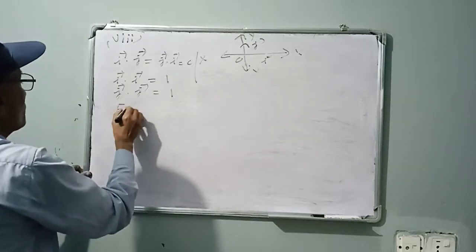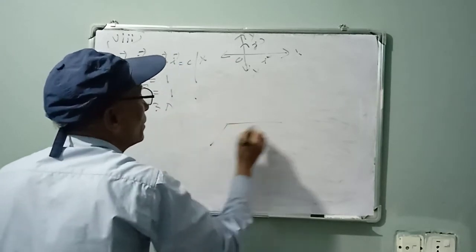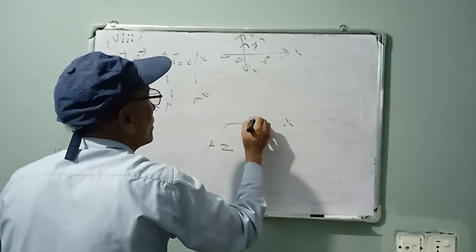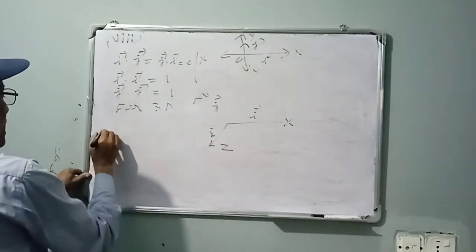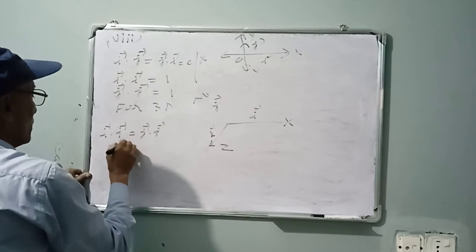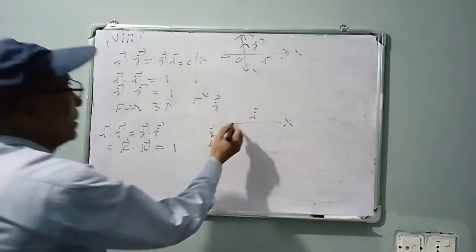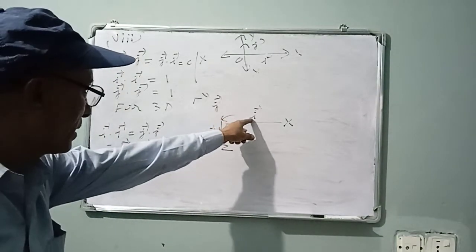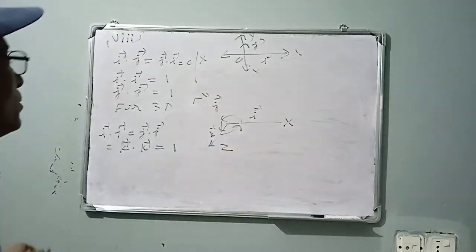But for 3D, with three directions x axis, y axis, z axis, i, j, k, you can write i dot i equals j dot j equals k dot k equals 1. All angles here are 90 degrees. i and j are perpendicular, j and k are perpendicular, k and i are also perpendicular.